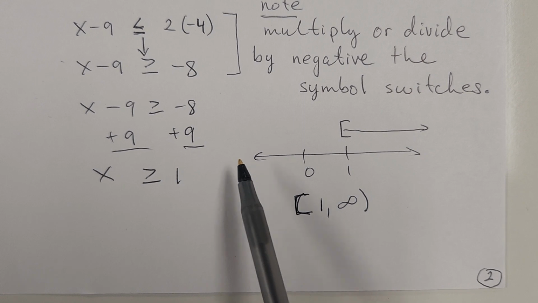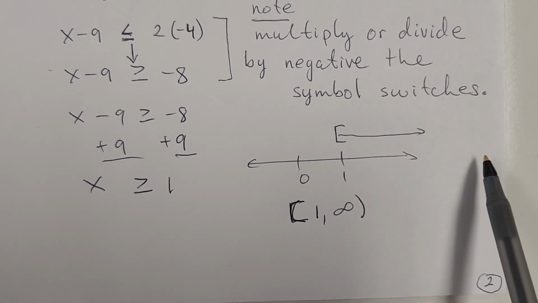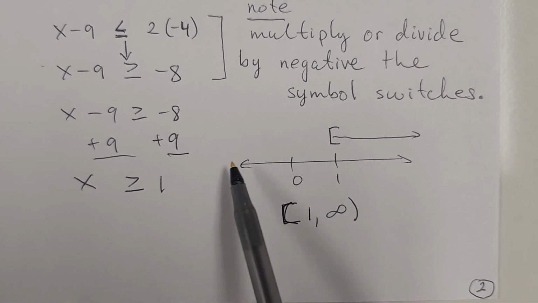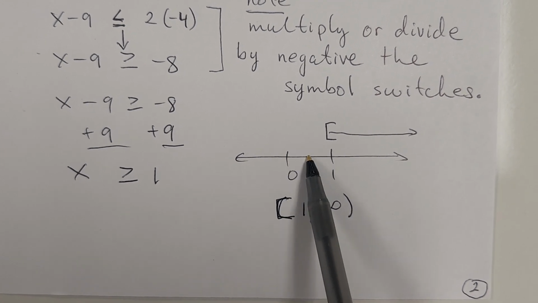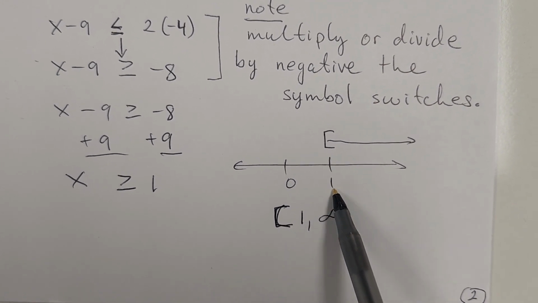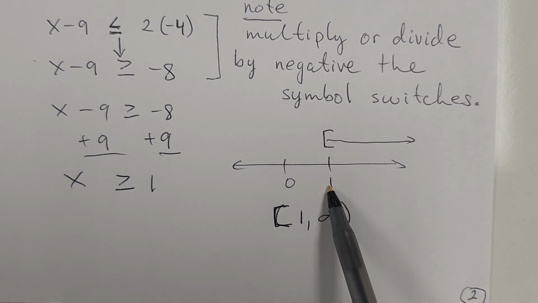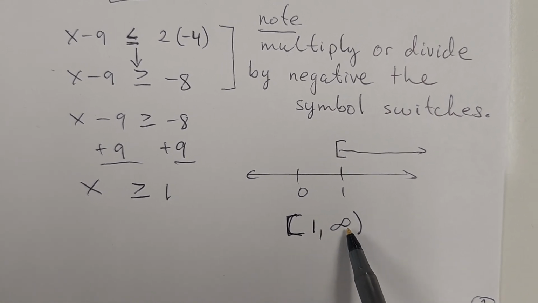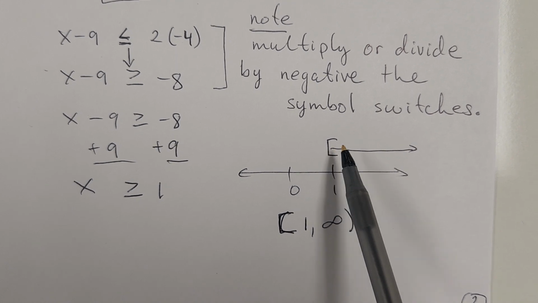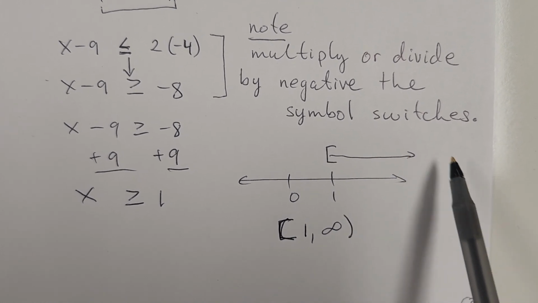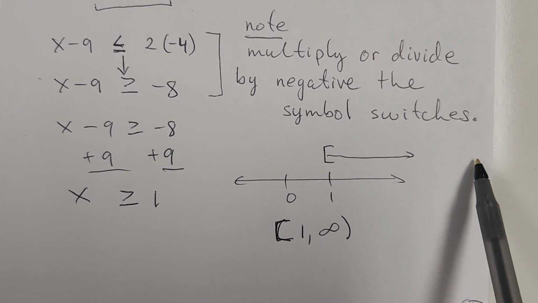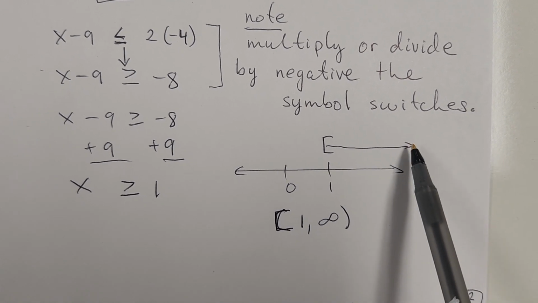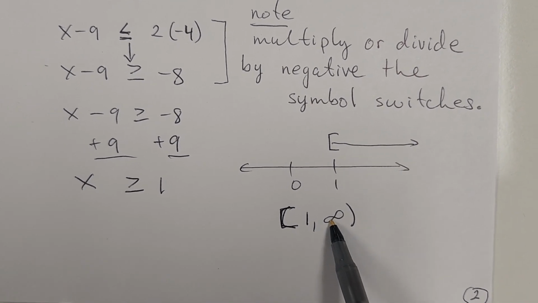Again, from the left, work your way to the right. There's nothing here, nothing. But once you reach 1, as you can see, 1 has a bracket, so bracket 1, comma, and then from 1 keep going to the right, because this arrow is facing to the right, and this arrow says that it is infinity.